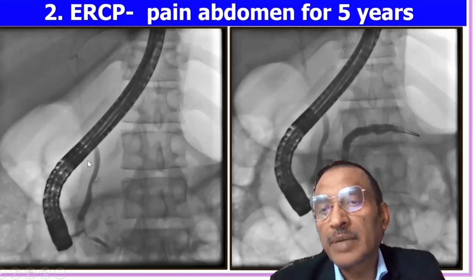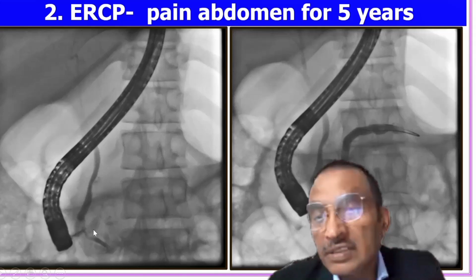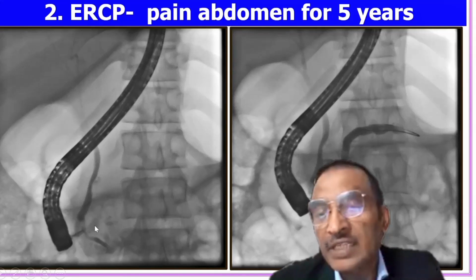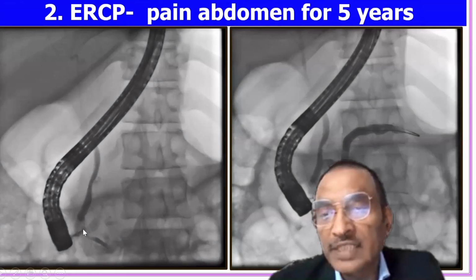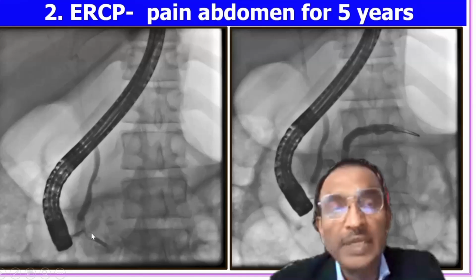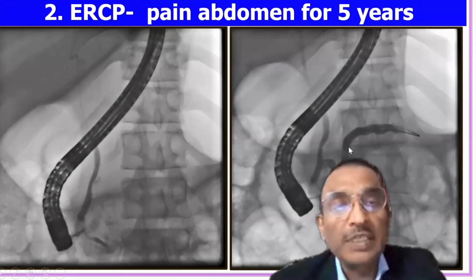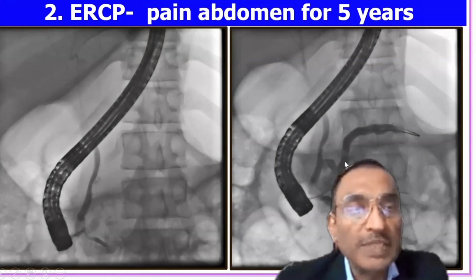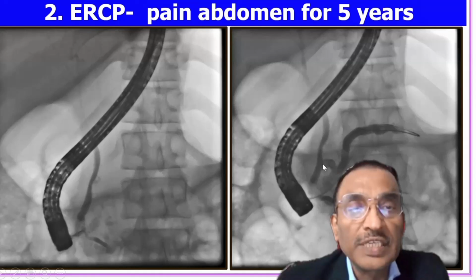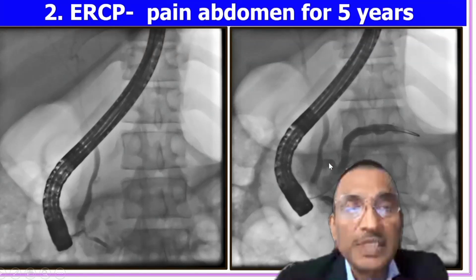So this is the bile duct, and here you are seeing a faintly opacified duct, and then there is a densely opacified duct. This is actually an uncinate process branch of the pancreatic duct. This is the main pancreatic duct. Subsequently, during the course, the main pancreatic duct has been opacified fully, and you see the dorsal duct branch.